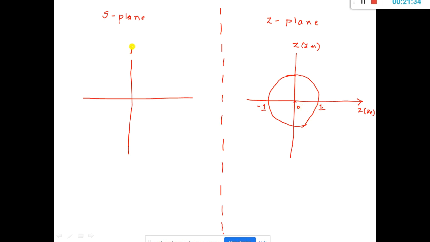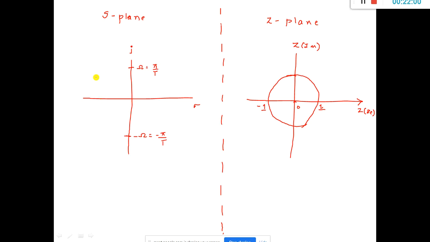Now this is the j omega axis and the real axis of the s plane. Now the entire frequency is going to be mapped, so omega is equal to pi by T, and this is minus omega, that is minus pi by T. So minus pi by T to plus pi by T, I'm trying to map.